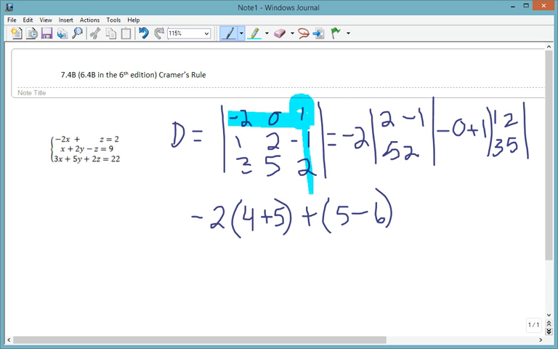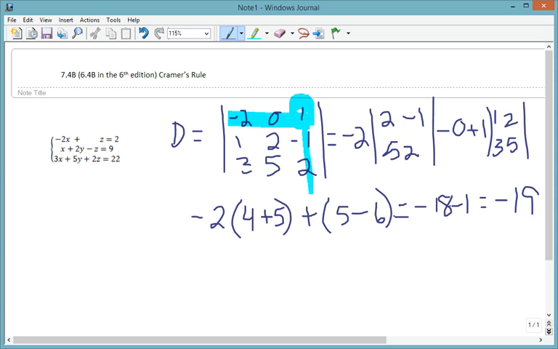So we've got 9 times 2, I got negative 18. And plus negative 1. So that's going to be negative 19. Okay, so that's D, negative 19.